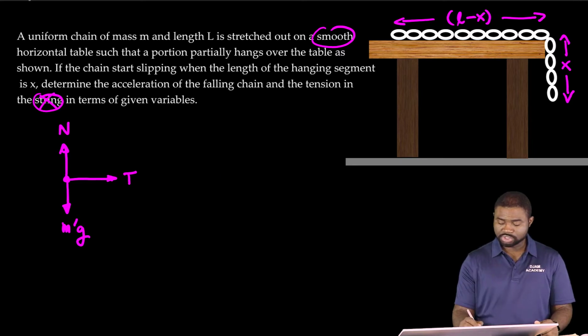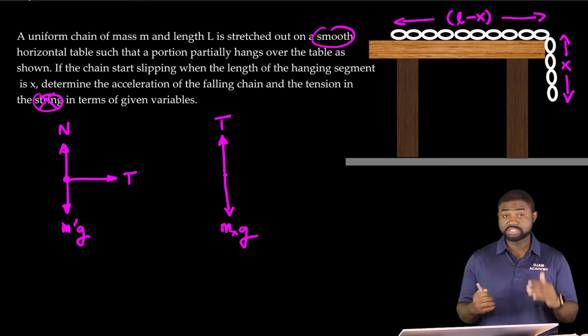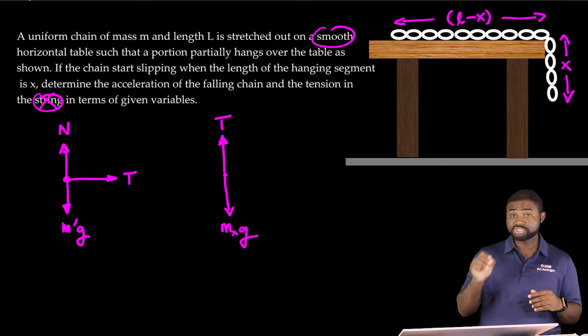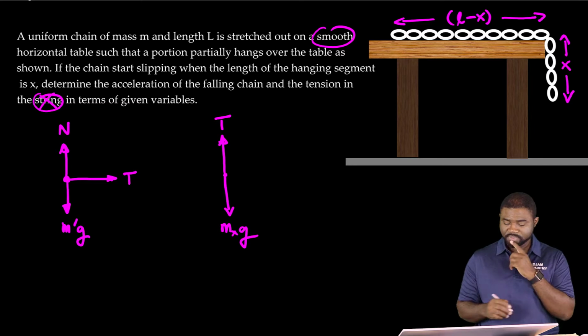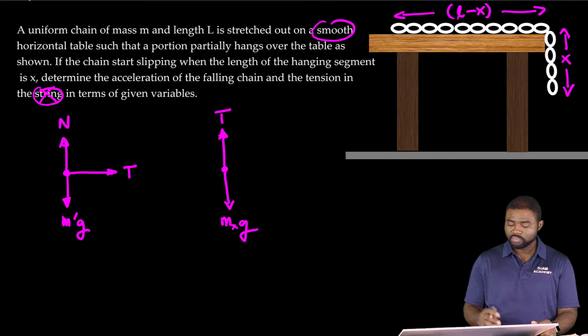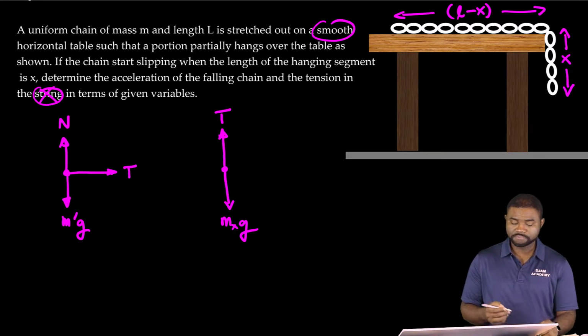On the hanging portion, we have the weight, this will be mx g, and this will be T. Because the table is smooth, the tension in the stretched chain is the same throughout. So all we have to do next is to apply Newton's second law.